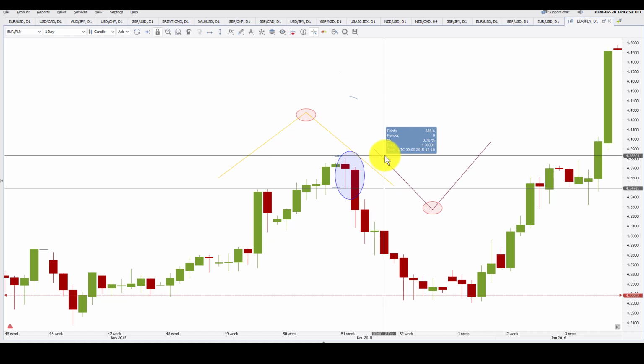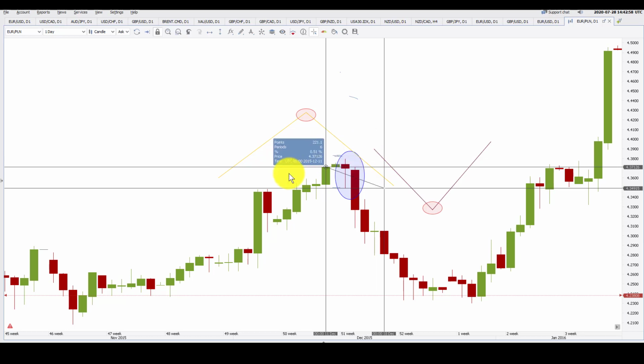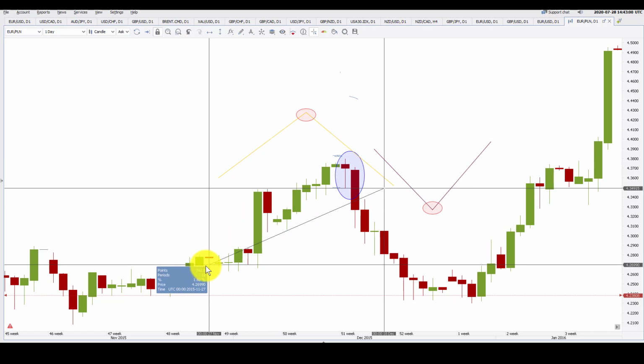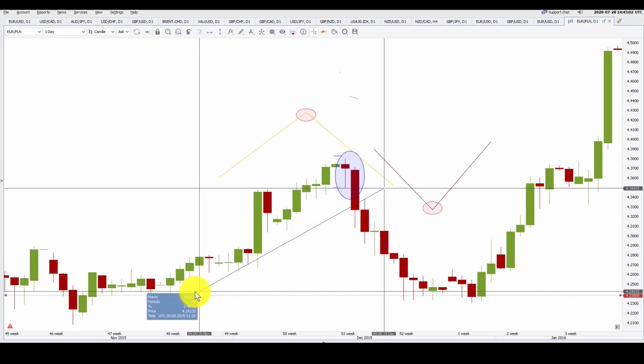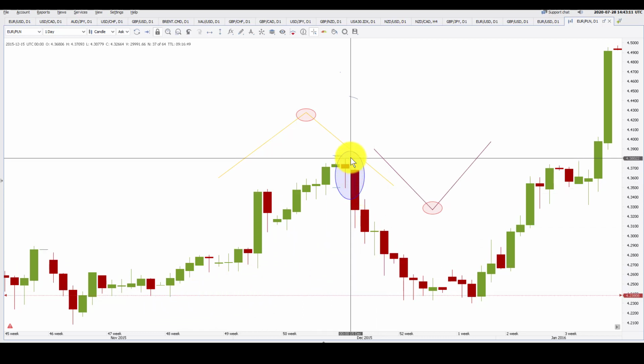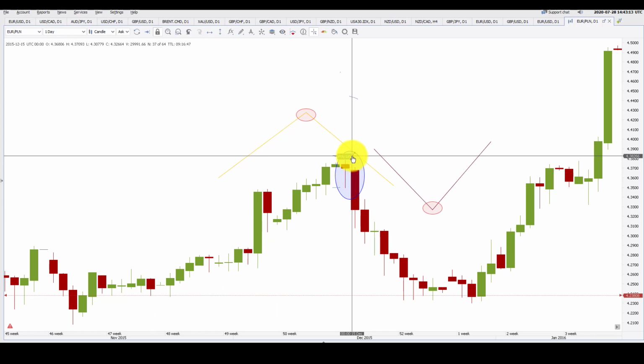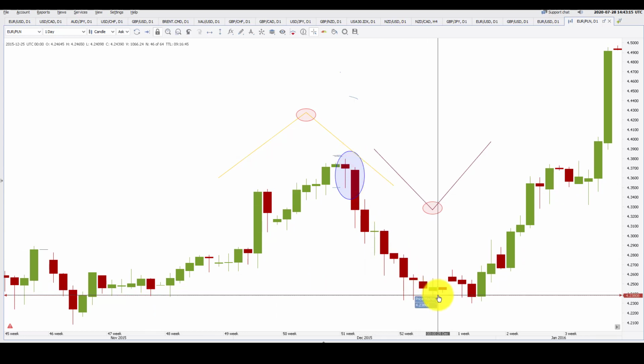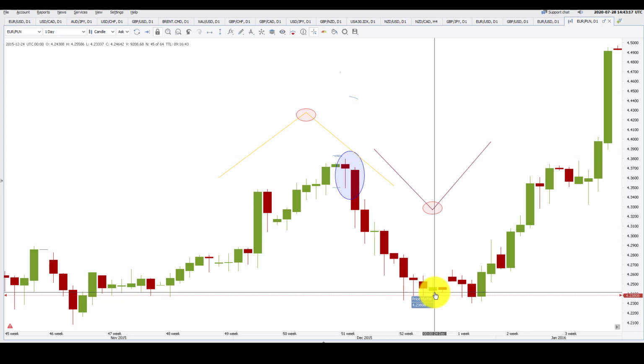So 338 points is my stop loss, so I'm expecting almost 1000 points as my take profit. So I will go to the back side and see if I am going to get almost 1000 points. Yes, there is a potential of the trade to move almost 1100 points. So I'll just blindly take this trade with my stop loss above the high of this hanging man and potential take profit here. So this is how you trade the hanging man candlestick pattern.